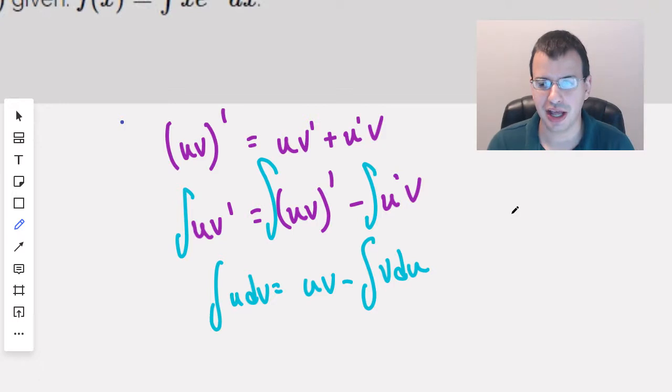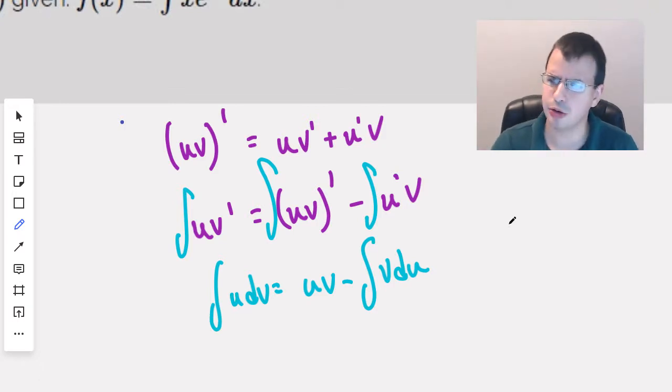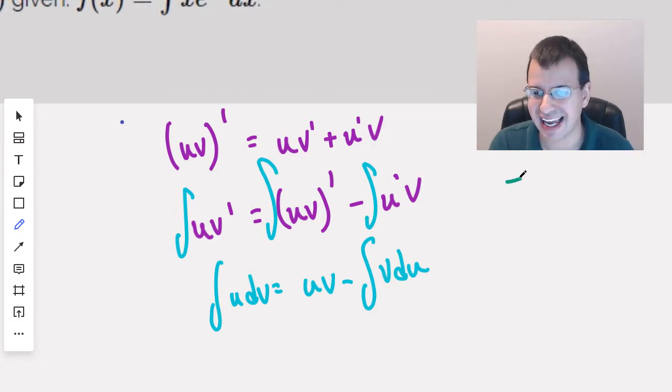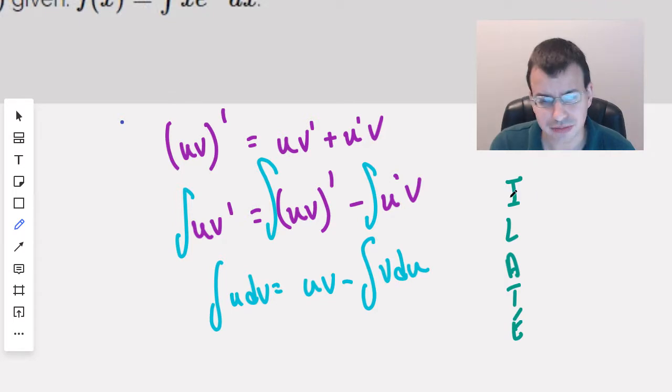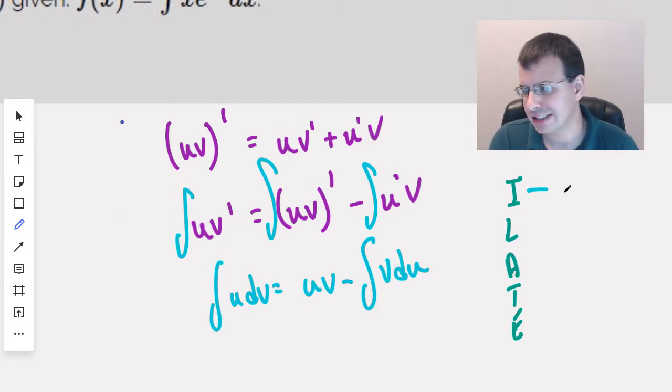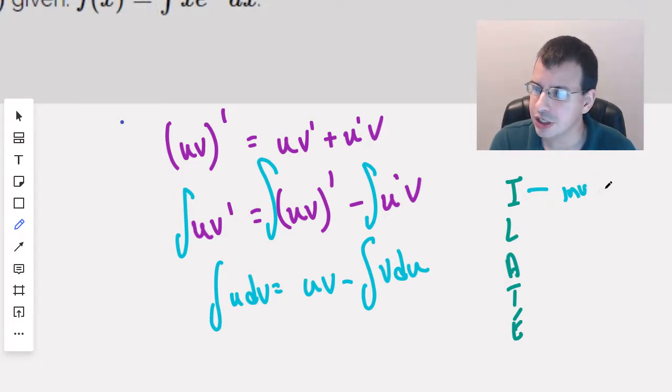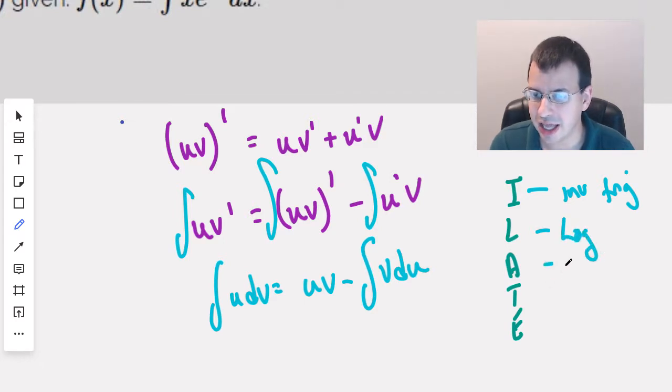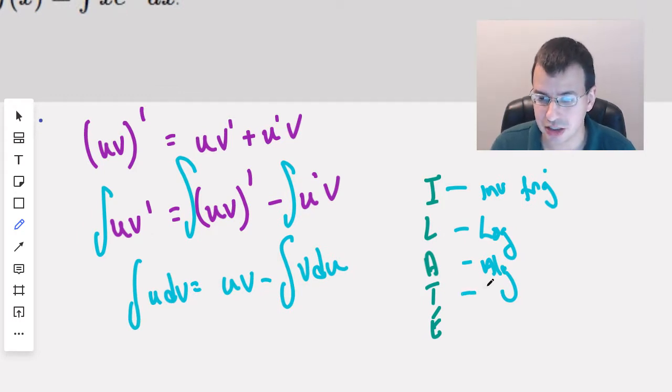The memory aid or general guide is ILATE, I-L-A-T-E, where I is inverse trigonometric, L is log, A is algebraic, T is trig, and E is exponential.